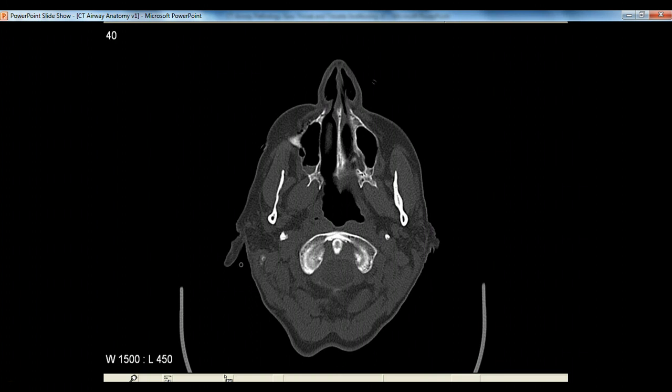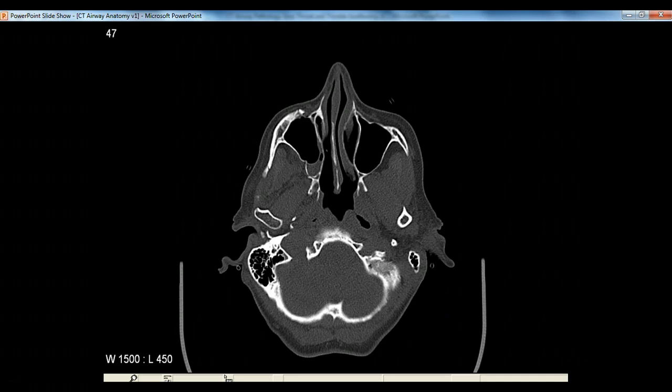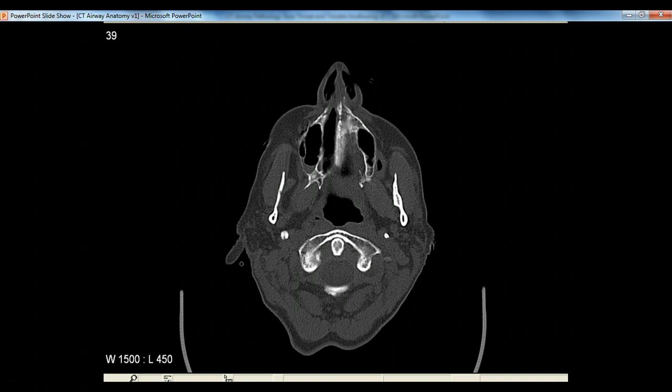It sort of comes in suddenly on this cut, there it is, now it's gone. So that's the base of your nasopharynx, and so when you're putting in an airway through the nose, you're sliding it flat along that, and going back you can see everything else is kind of full of turbinate, and then there's a space, and then there's that. So you want to stay as close to that as possible when you're putting anything in through the nose.